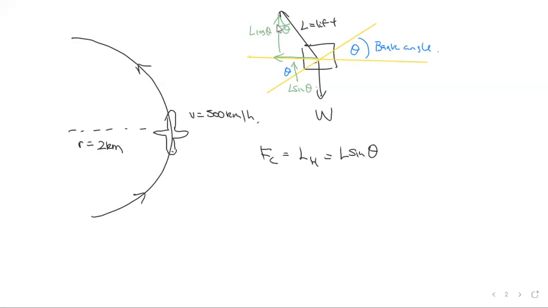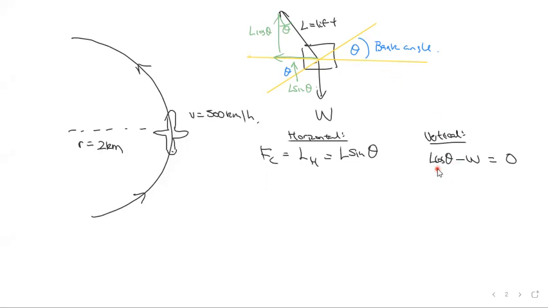But we also know that we don't want the plane to fall out of the sky, right? This is the horizontal situation. But certainly we're assuming that plane flies in the air, it stays constant. So that means vertically we've got the L cos theta, which is upward, minus weight must equal 0.